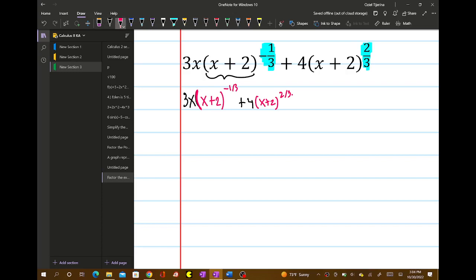I can factor out a -1/3 because that is my lowest one. Like I said, if you have, for example, x squared minus x to the first power, you're going to factor out x. If you have x cubed minus x squared, you're going to factor out x squared.